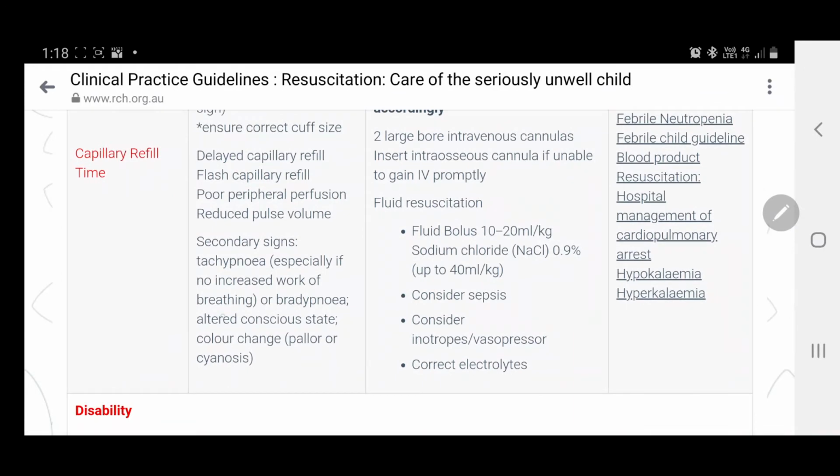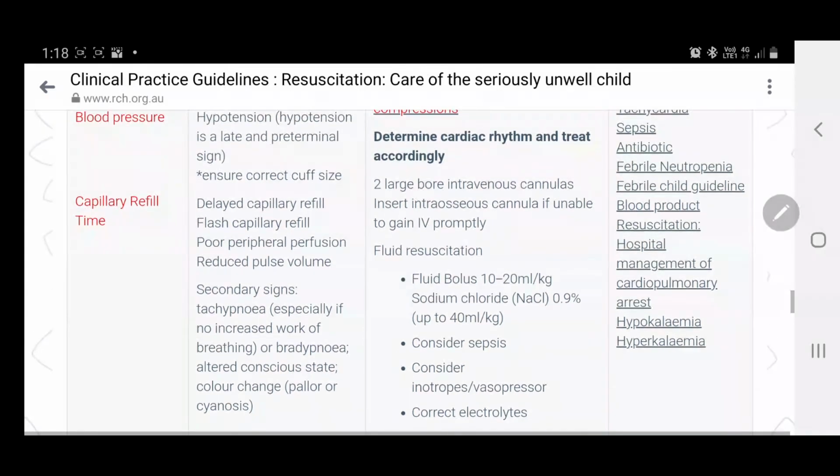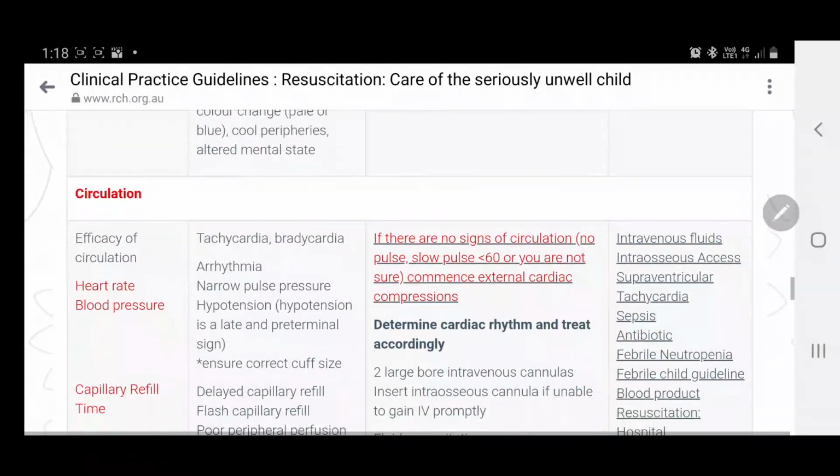The secondary signs are tachypnea, especially if no increased work of breathing, or bradypnea, altered conscious state, color change, pallor, or cyanosis. These are like later signs.